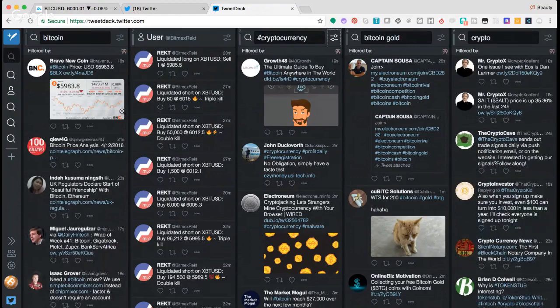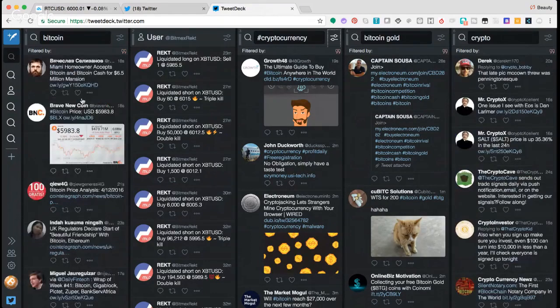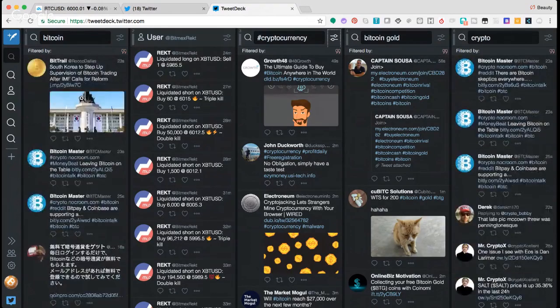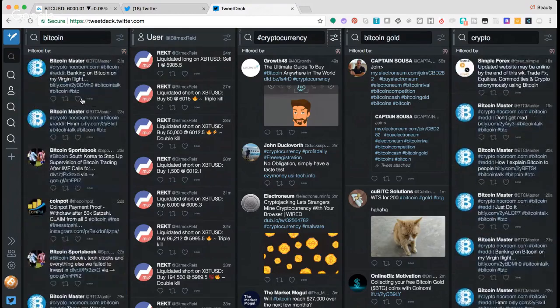I am looking for a widget. You'll notice that there's a widget here. There's a new one that's out there for Bitcoin Gold that might be kind of interesting to grab. But that is my TweetDeck.